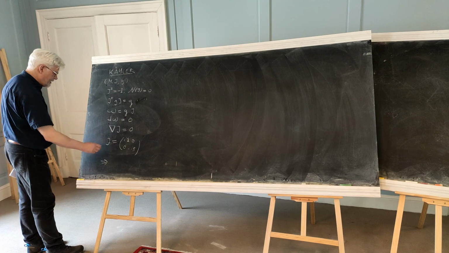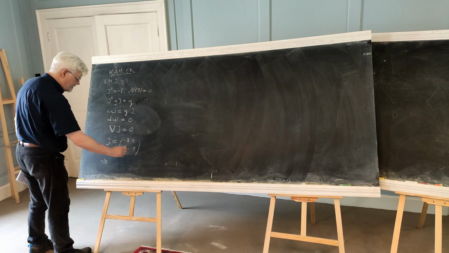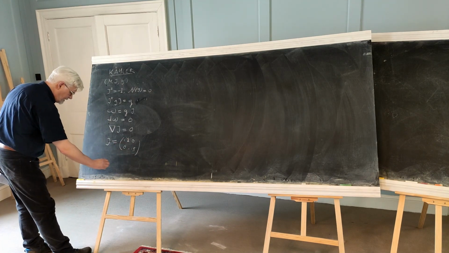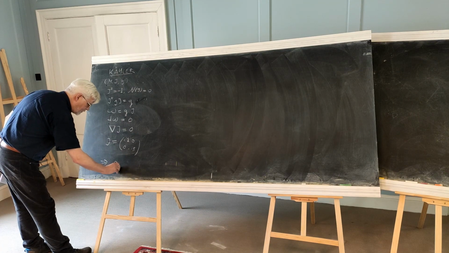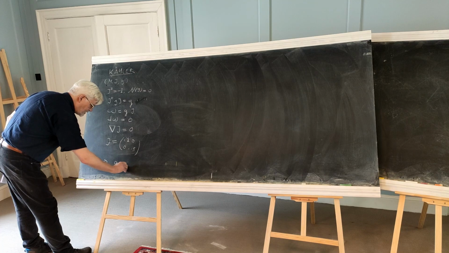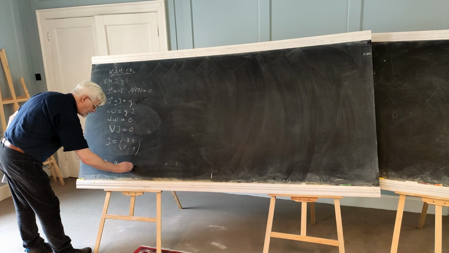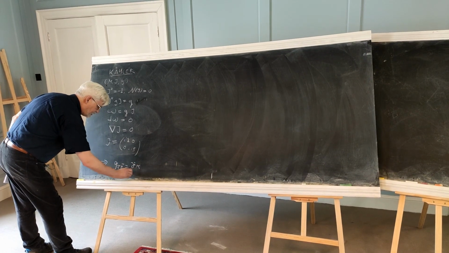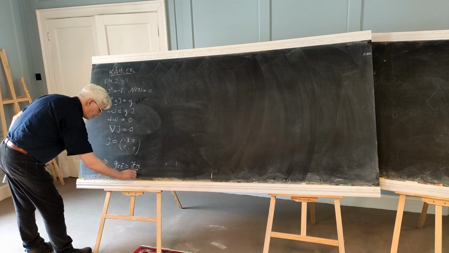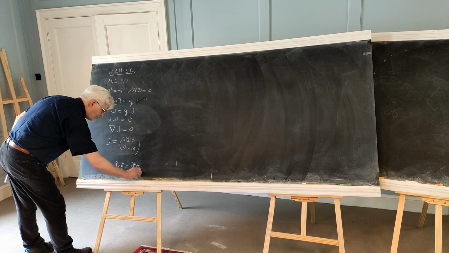So if we call these coordinates zeta and zeta bar, then the metric has only components which are the second derivative of K with respect to zeta and zeta bar.